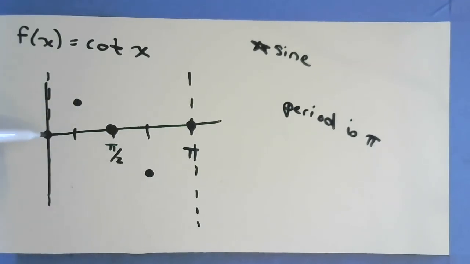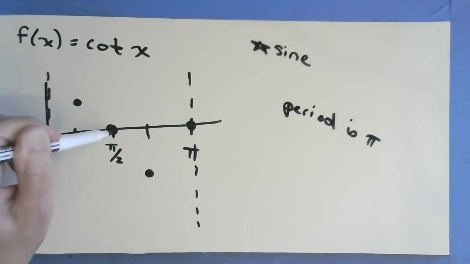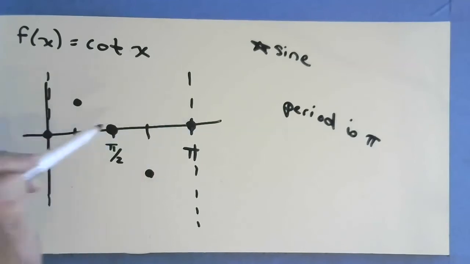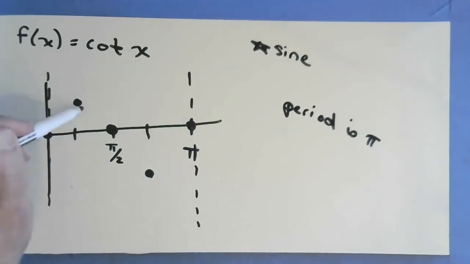So you can see it as asymptote, up, 0, down, 0, or asymptote. So it's the same sort of shape as sine, except that we turn the first and the last into asymptotes and the middle stays as 0.